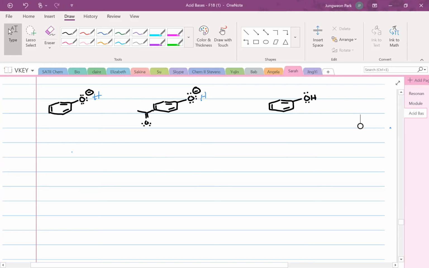I always get confused with the neutral charges, though. I don't think you should worry too much about neutral charges here. Okay. Because neutral charges doesn't really tell you much about anything most of the time.